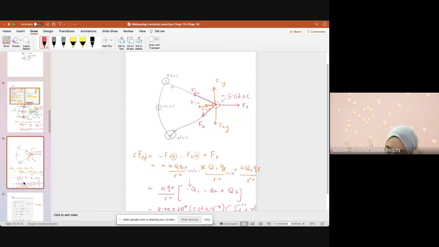Minus 104 counterclockwise. Just clockwise from the positive x-axis. So if they are asking for counterclockwise, it should be this way. Should be this way. And positive x-axis is counterclockwise.